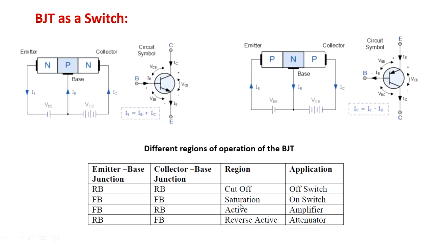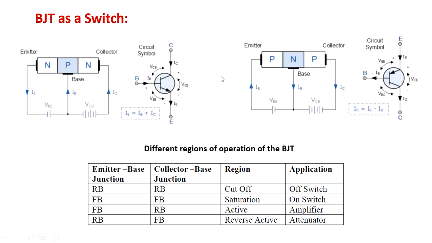When both are forward biased, it is in the saturation region, an on switch. If the emitter-base junction is forward biased and the collector-base junction is reverse biased, it is in the active region, and in this region you can use it as an amplifier. If the emitter-base junction is reverse biased and the collector-base junction is forward biased, it is in the reverse active region, and you can use it as an attenuator.